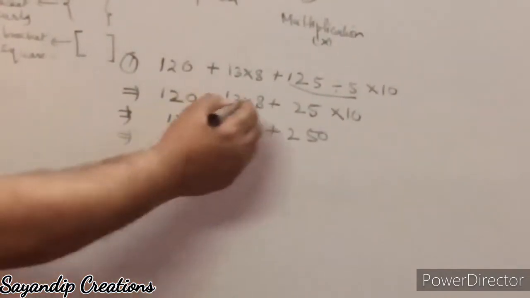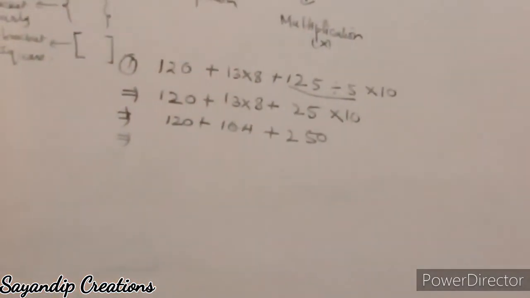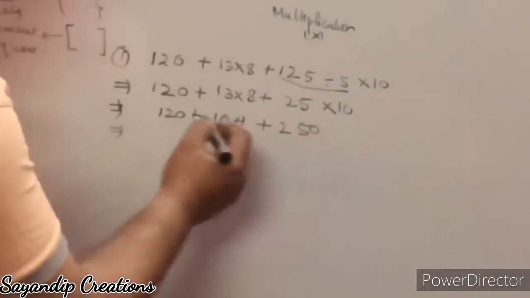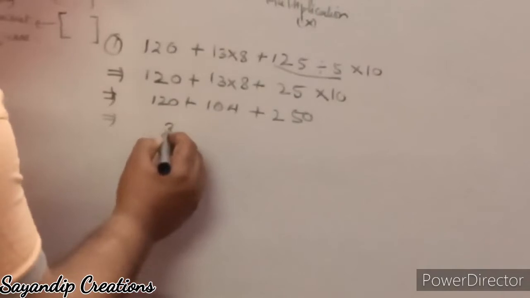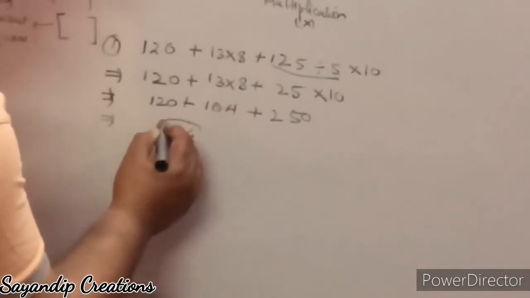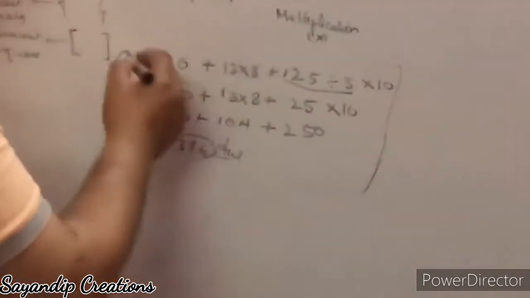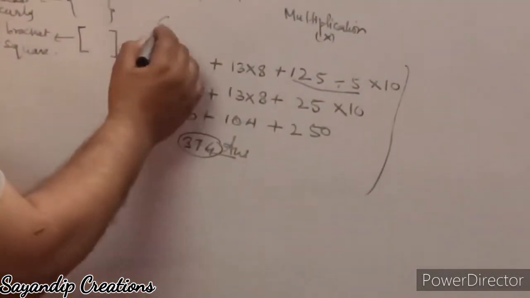So second operation we did the multiplication, student. Now finally the addition: 120 plus 104 plus 250 is 474. This is the final answer. So please note it down in your book. This is the example which I am giving.